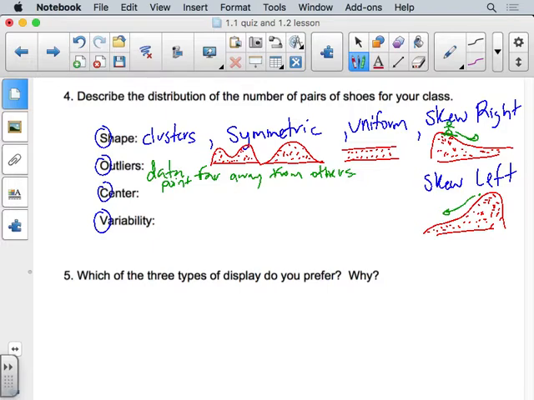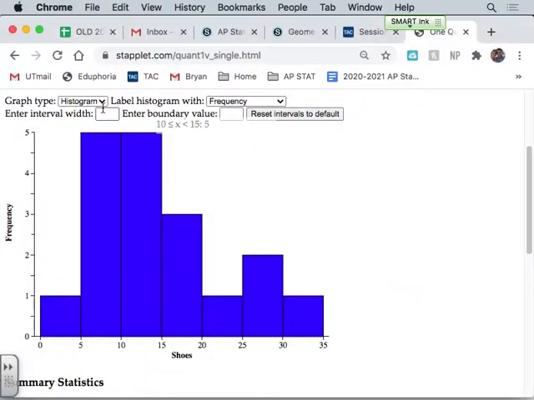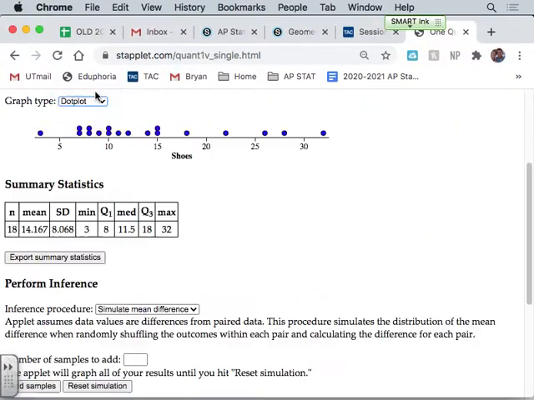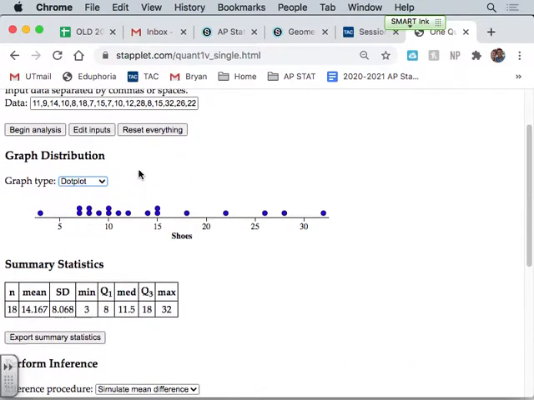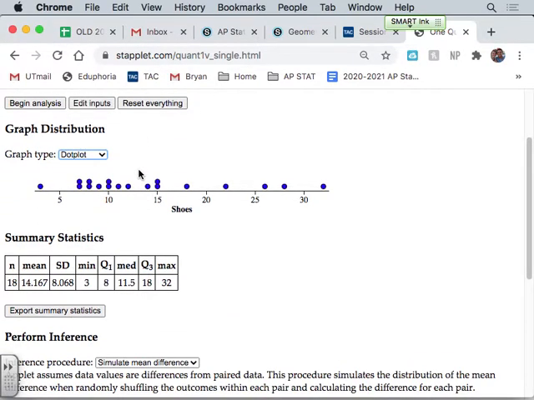So maybe we should go back on our pictures on both of these too. So if I was to go back on our dot plot or our histogram. So let's look at our dot plot. What is our distribution? What's our shape looking like? Yeah, I could maybe make a case for skewed right.